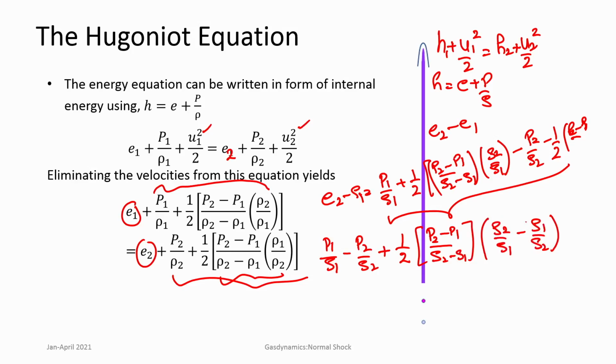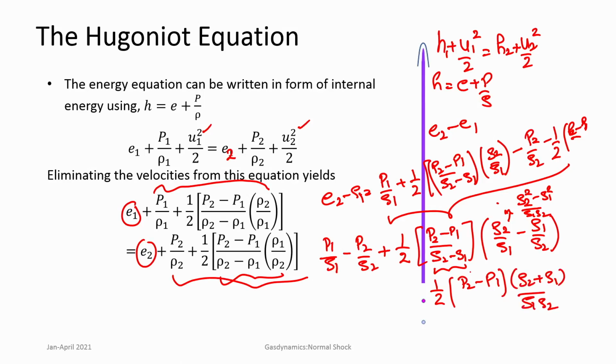This is what you get. So to do this, this term is nothing but (rho 2 square minus rho 1 square) by rho 1 rho 2, and here you have the term rho 2 minus rho 1, so this term will come out to be half (P2 minus P1) multiplied by (rho 2 plus rho 1) by rho 1 rho 2.